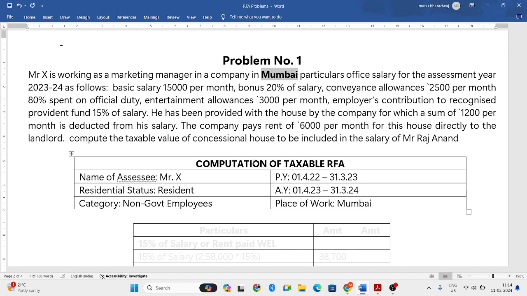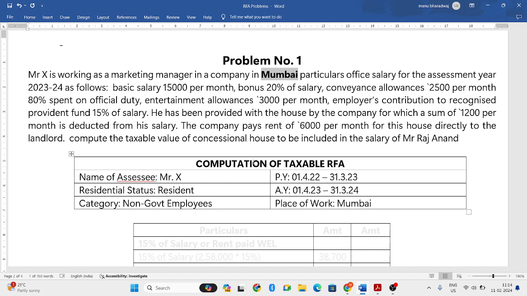Mumbai. Particulars. So they have given certain particulars amount. So office salary for the assessment year 23-24 is as follows. Basic salary they have given 15,000 per month. Bonus, 20% of the salary is given as bonus. Then conveyance allowances, 2,500 per month, 80% spent on official duty.